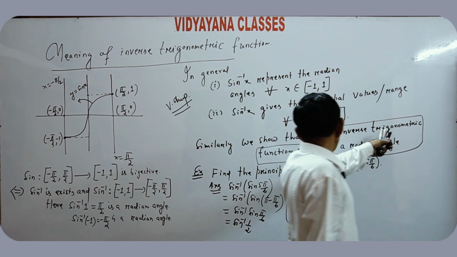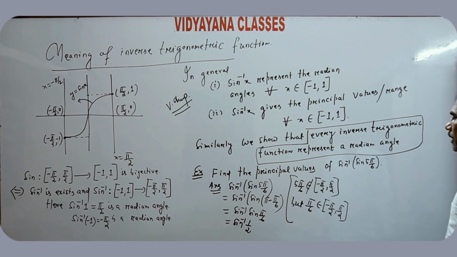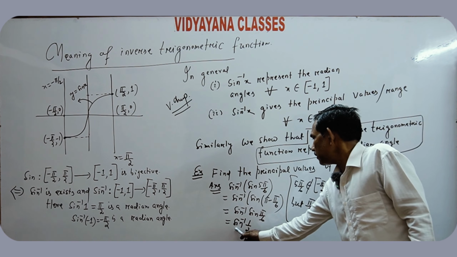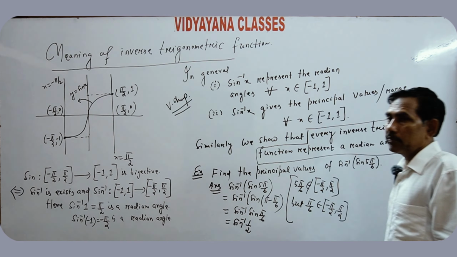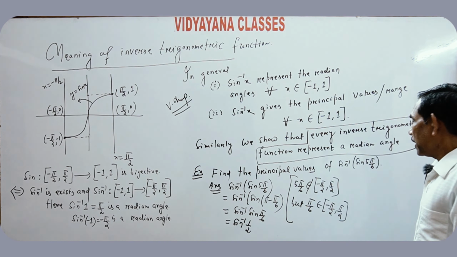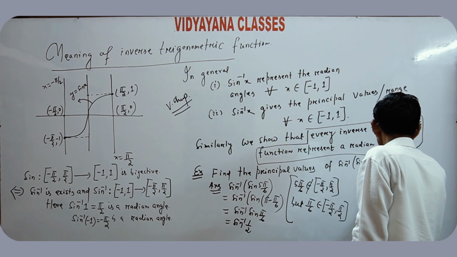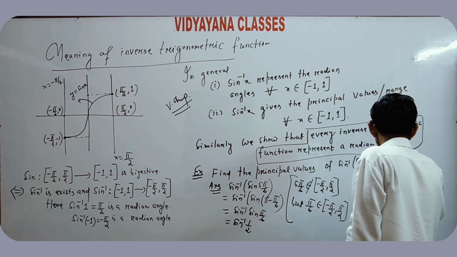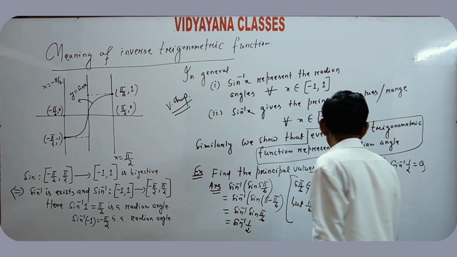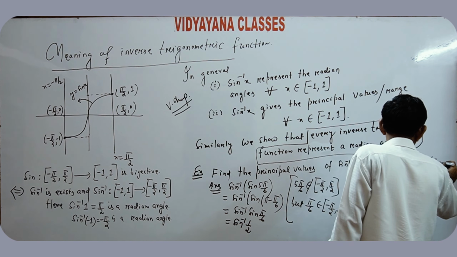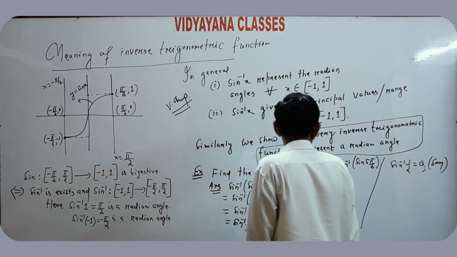Every inverse trigonometric function represents a radian angle. Sin inverse half represents a radian angle. Sin inverse half is equal to theta. Theta is measured in radian.